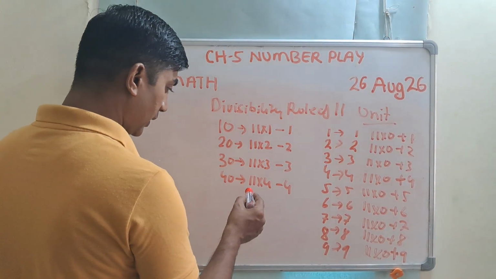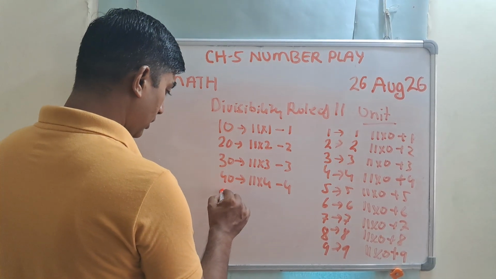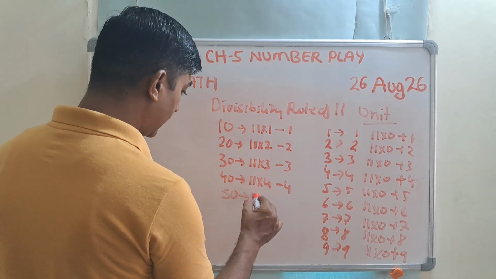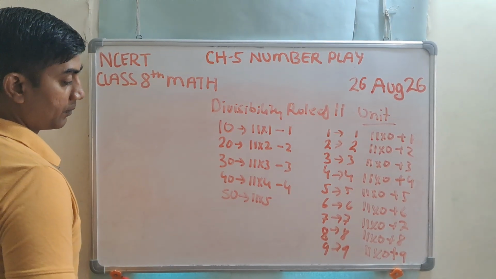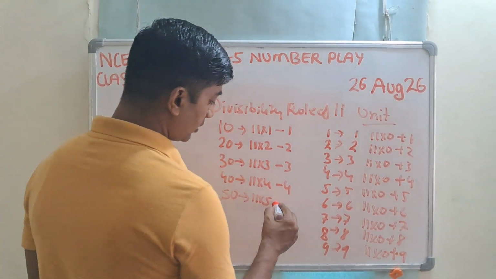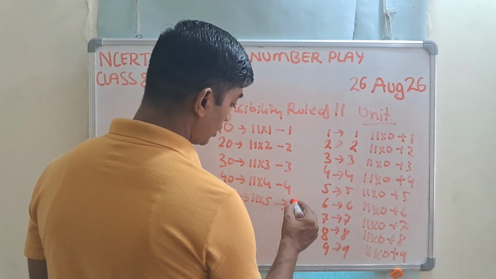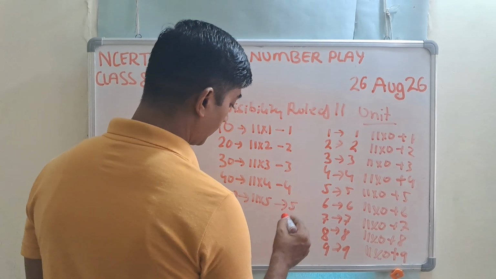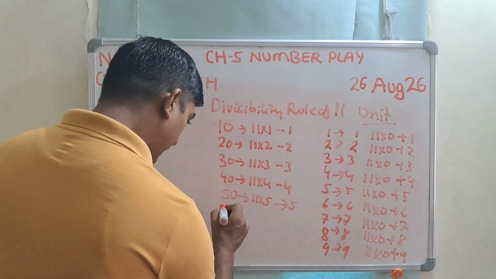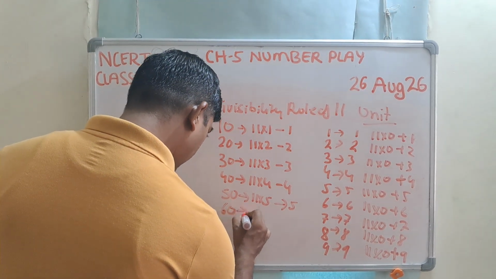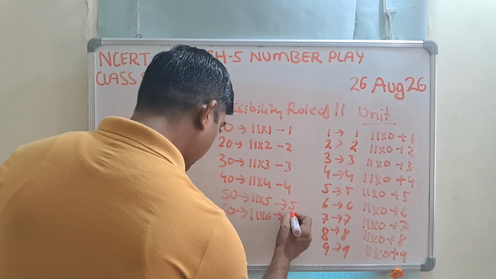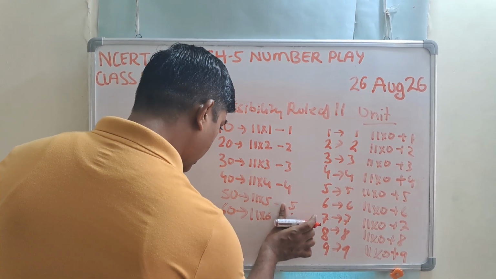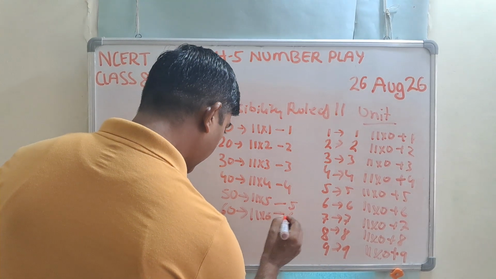Now here you will see, 50 is what? 11 into 5. Then to reach 50, what do you have to do? Minus 5. Understood? Let me write all so that it will be clear in your mind. 11 into 6, you have to subtract 6.